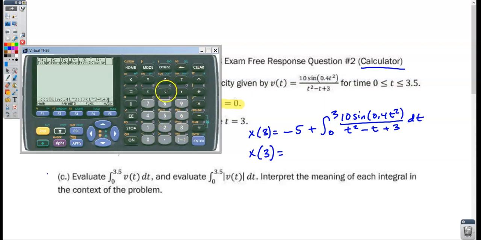By the way, it's totally fine to use x on your calculator here. I hope you all know that by this point. With respect to t, from 0 to 3. And hopefully I didn't make any data entry errors.